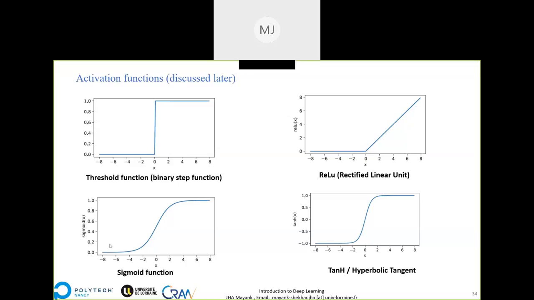Sigmoid is between 0 and 1, while this hyperbolic tangent function is between -1 and 1. So it can be used to create almost 2 times the number of classes. Basically, the range is larger.